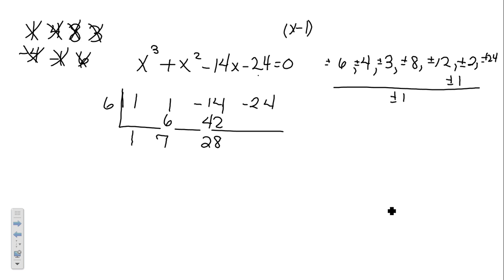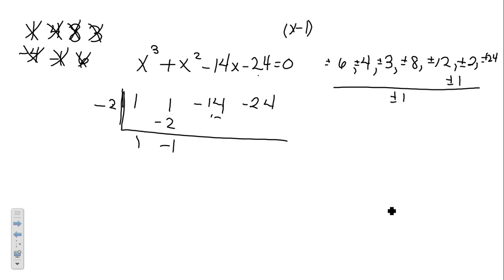Let's try 2. Can you see the futility here? Let's try negative 2. Maybe we need some alternating signs here. 1, negative 2, negative 1, positive 2, right? So negative 12, positive 24. Woohoo! Whenever we get a 0, we're going to put a big fat smiley face there. We finally got it. So negative 2 was one of our zeros.